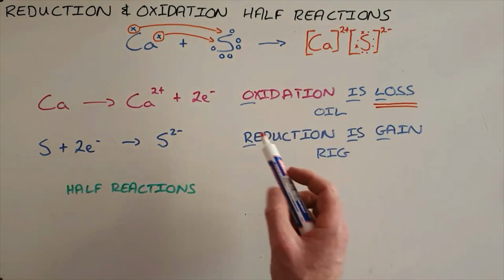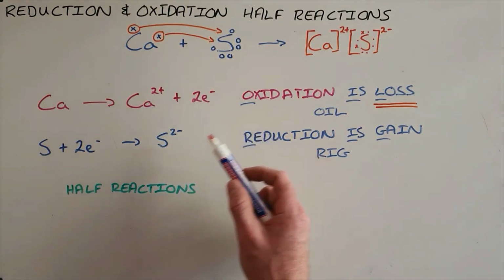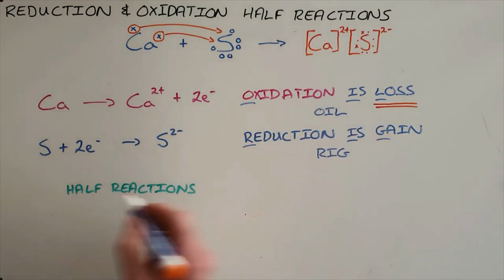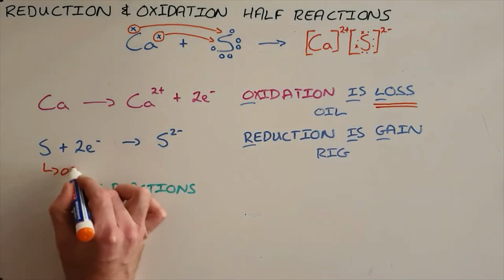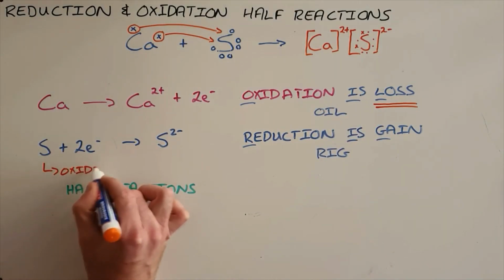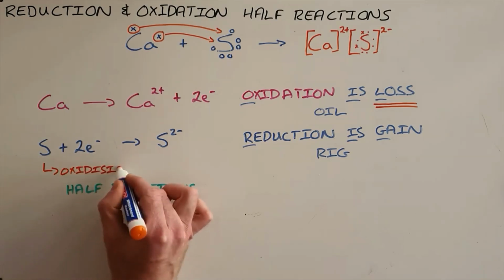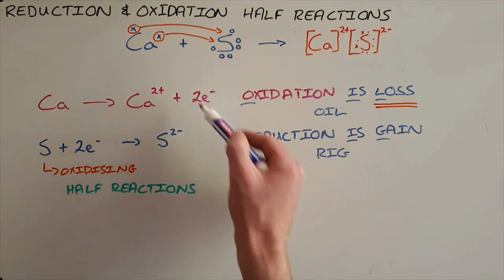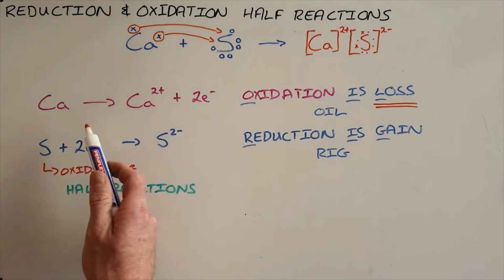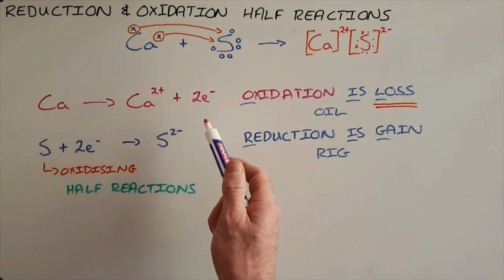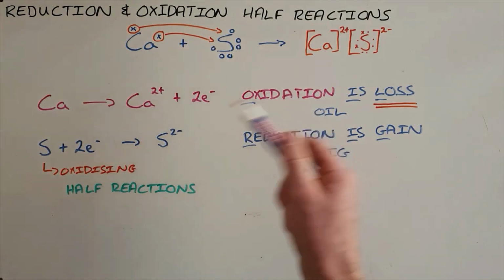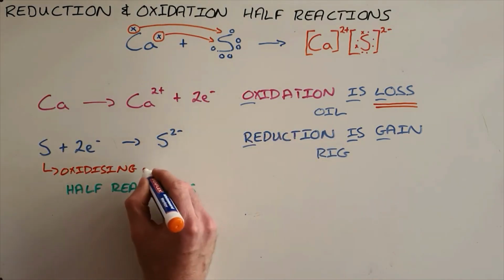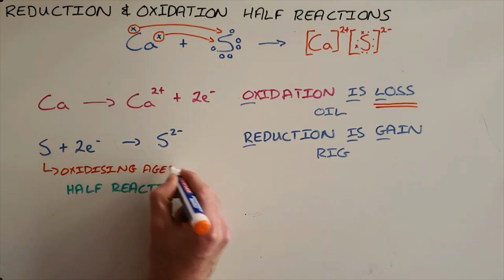So we say that sulfur is allowing oxidation to happen, or we say that sulfur is the oxidizing agent. Once again, sulfur is the oxidizing agent because it is taking the electrons from calcium, which allows calcium to be oxidized. So therefore, sulfur is enabling the oxidation and therefore is the oxidizing agent.